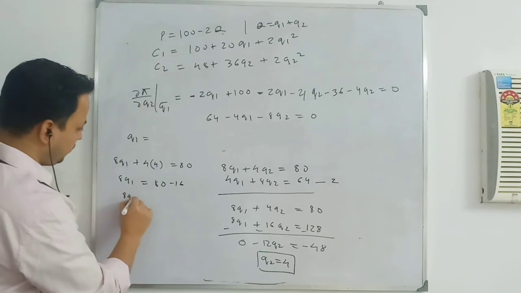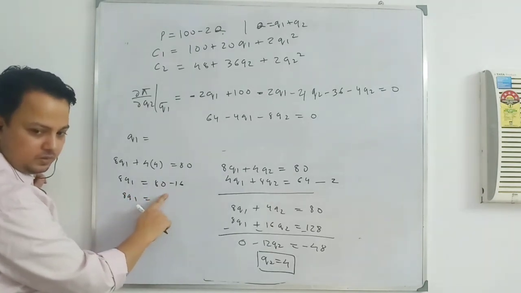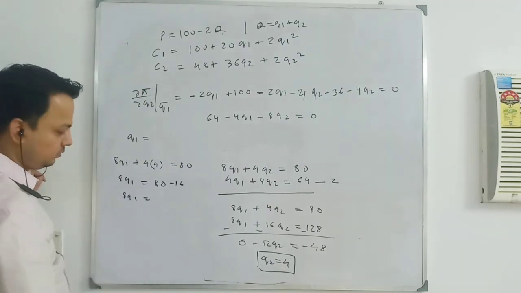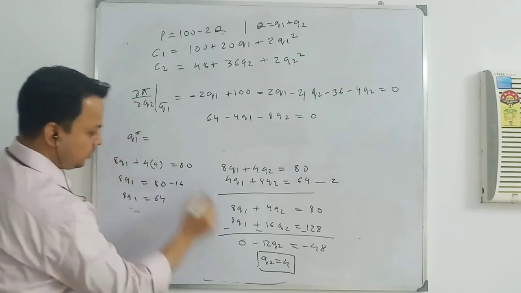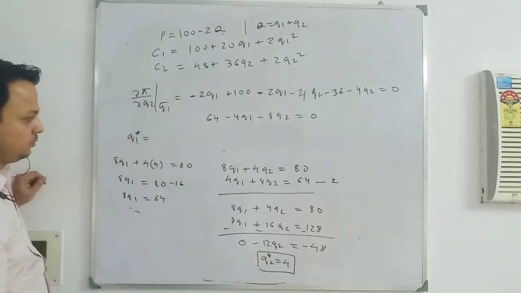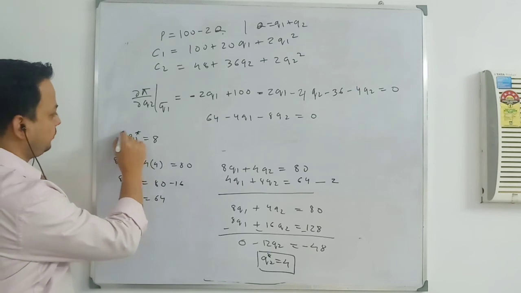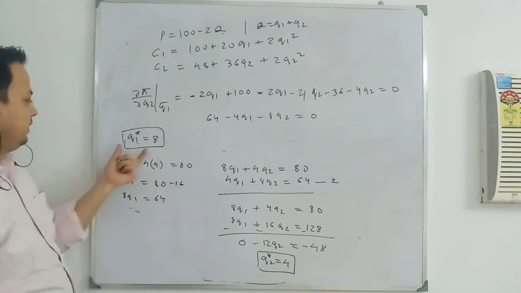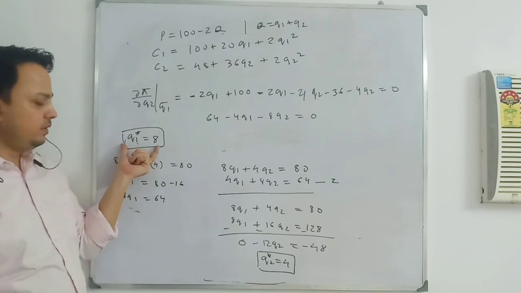So 8q1 equal to how much is this? How much will you get? Now that I know, what will be q1 star? This is q2 star. This is q1 star. What will be q1 star? 8. So this is the profit maximizing output for firm 1.